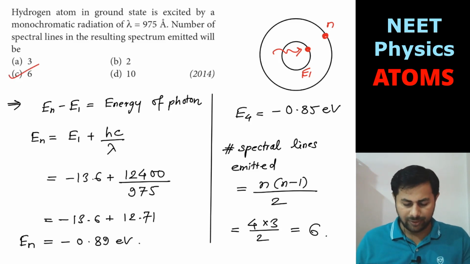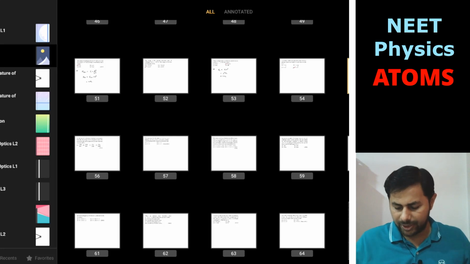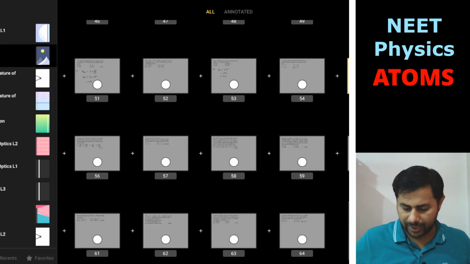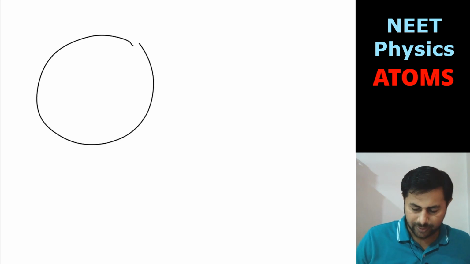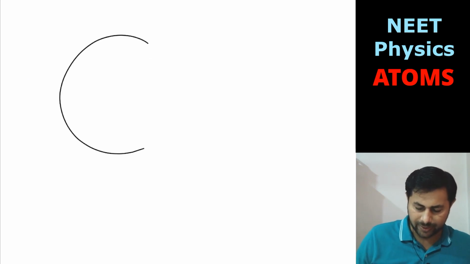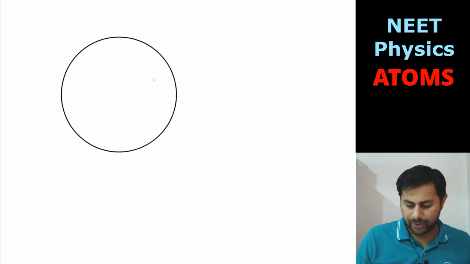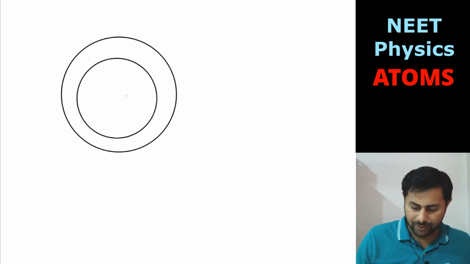For this question we can solve it by hand, but generally you remember this formula, n times n minus 1 divided by 2. See, our atom is in the fourth state. From the fourth, where can it go? This is 4, 3, 2, 1.